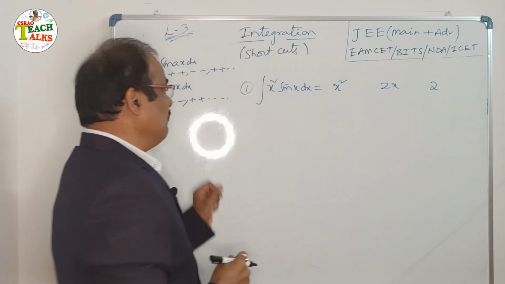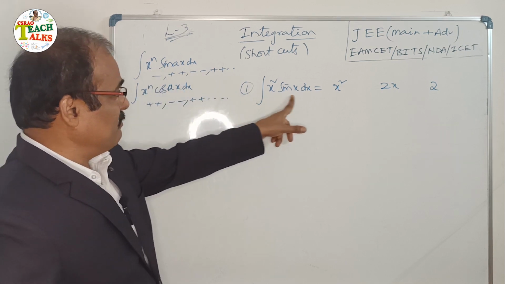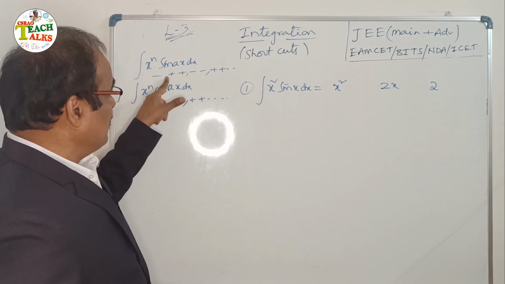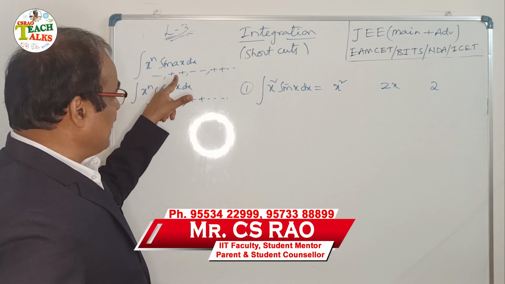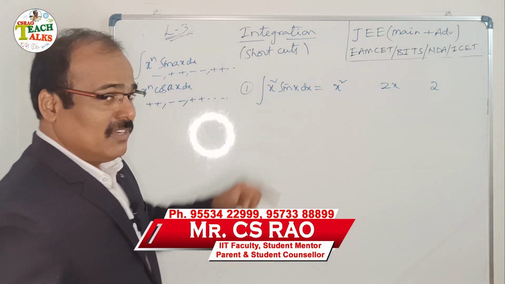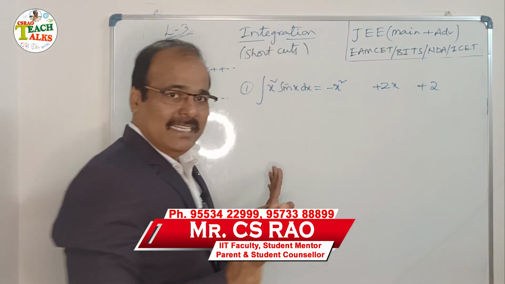And what is the pattern we are going to follow? For sin x, three terms are there: first term minus, second term plus, third term plus. We have to follow that one. Minus, plus, plus. Okay, clear?